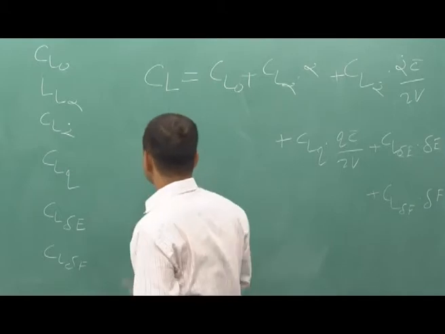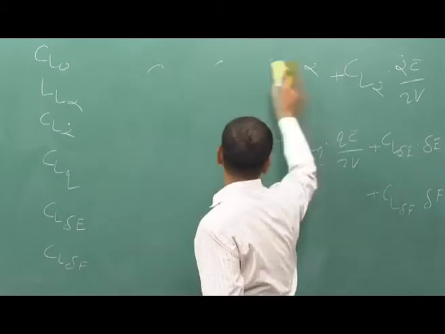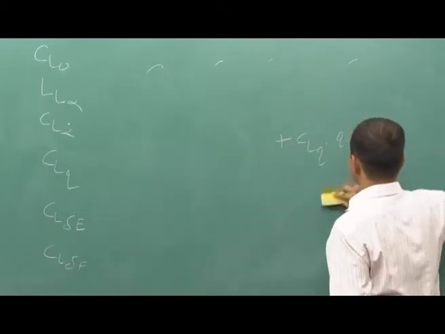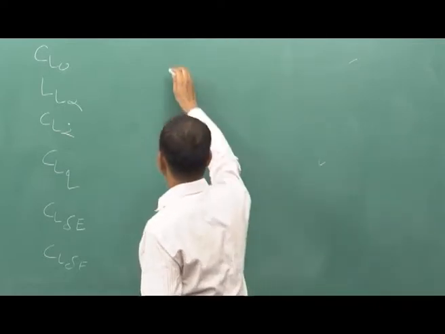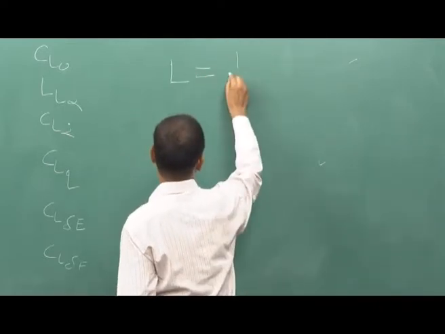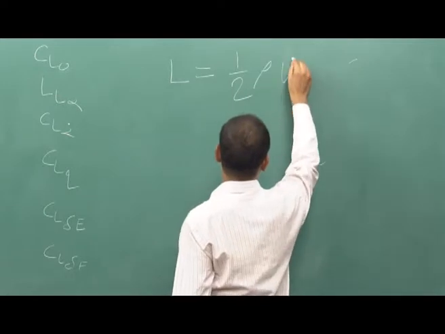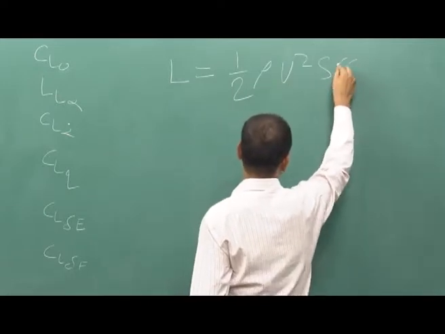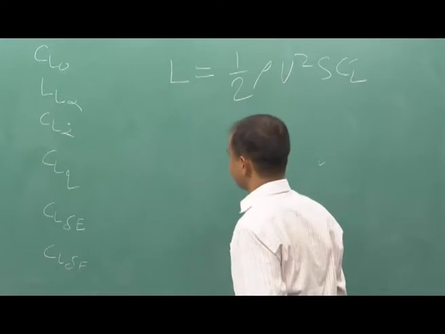So, using these coefficients you can find CL, and once you have the CL, you can find the lift acting on the aircraft by half rho V square S CL.